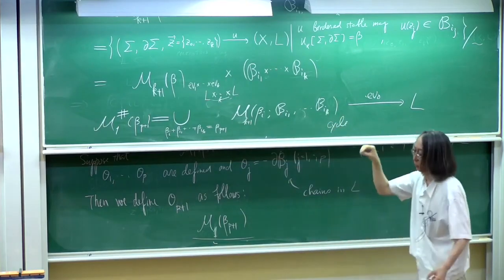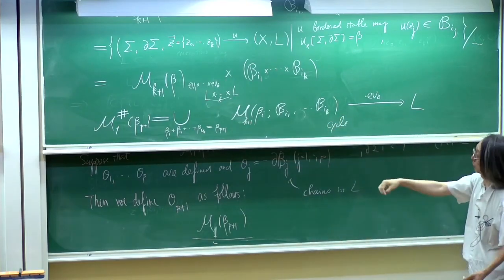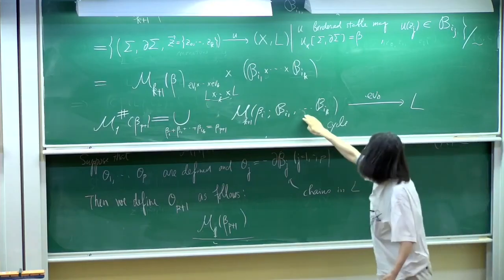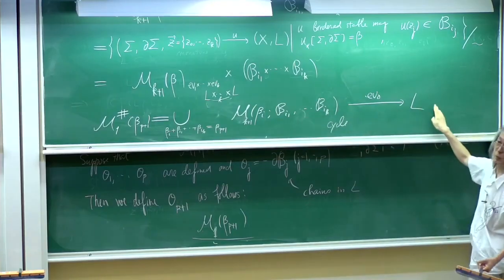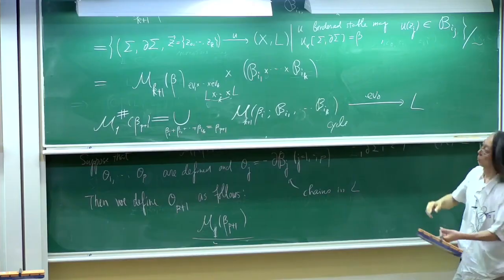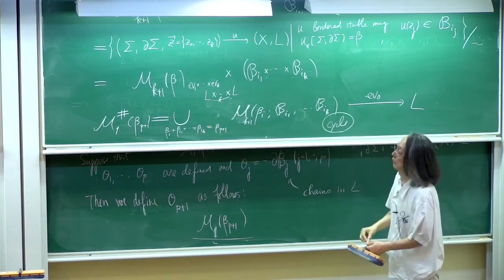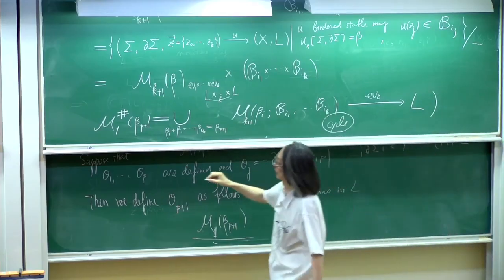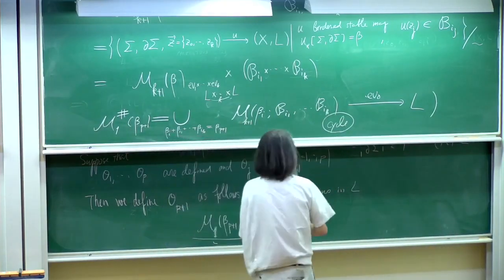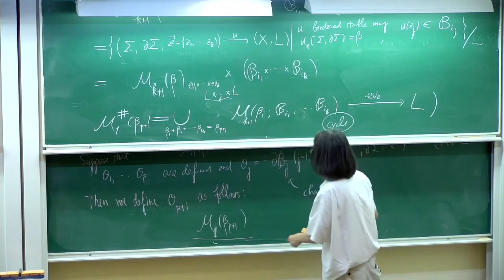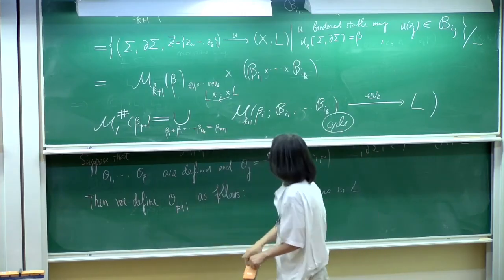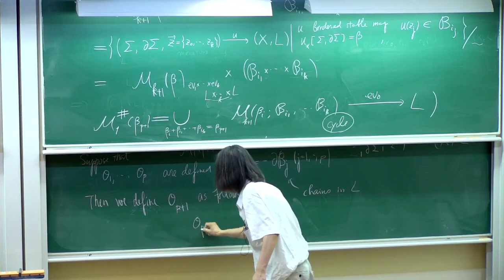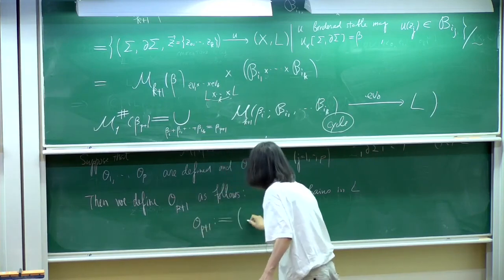So I still have one remaining point, and then take the value of u at this remaining point. Because this one is a cycle, this one gives you a cycle. So therefore, the definition of O_{P+1} is actually this one.